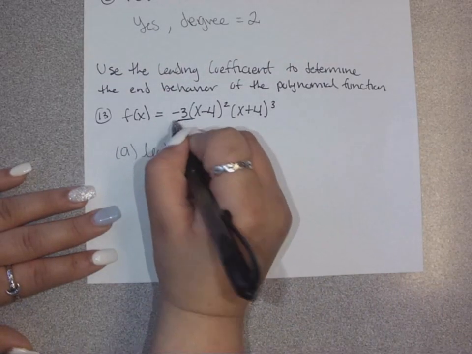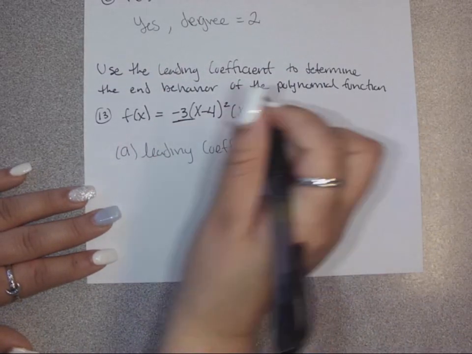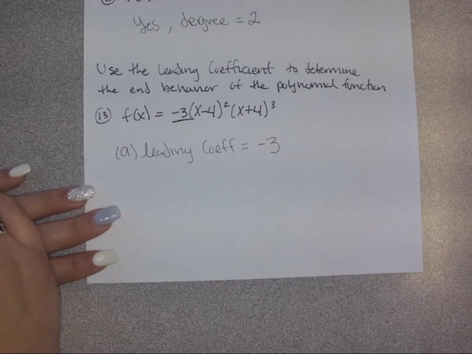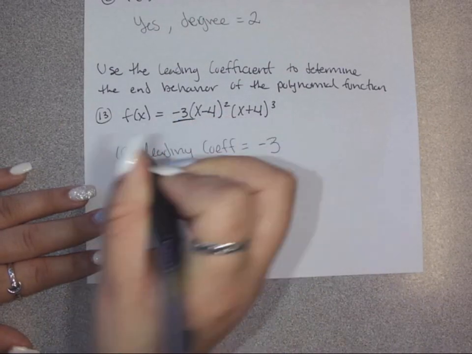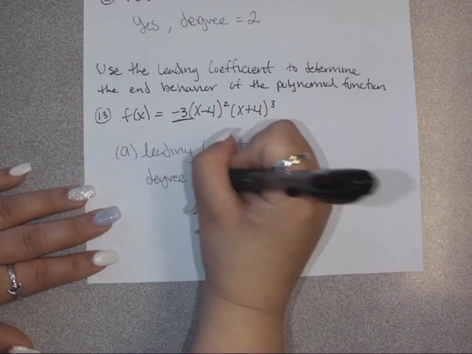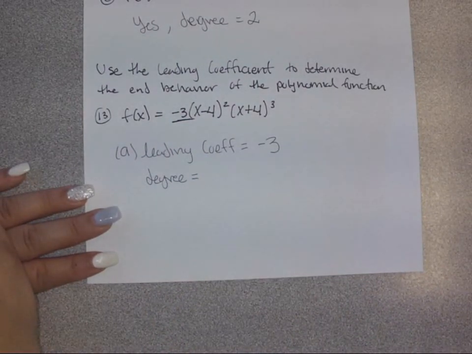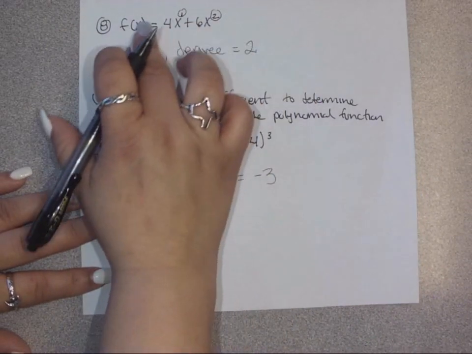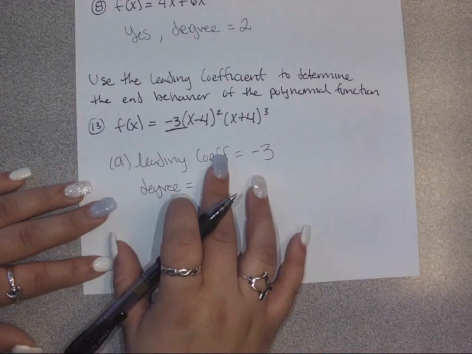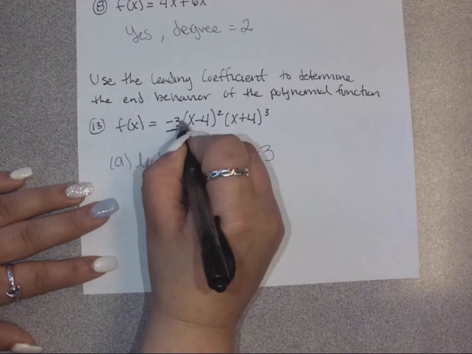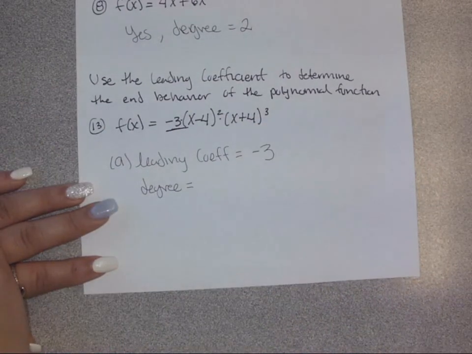In this case, our leading number is -3. That's one piece of information we need to use. The other piece of information we need to use to find our end behavior is the degree of our polynomial. On this one, it was a matter of just looking at it and taking the highest exponent. Here, it takes a little bit more work because as you can see, in between each of our factors, there's some multiplication going on.